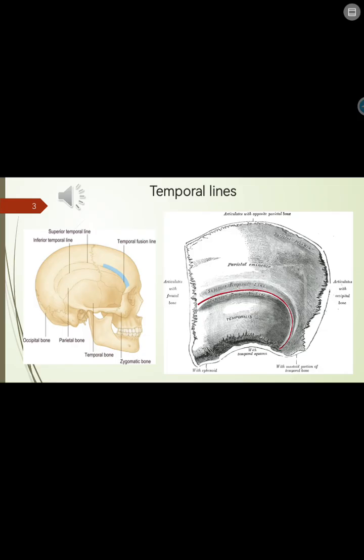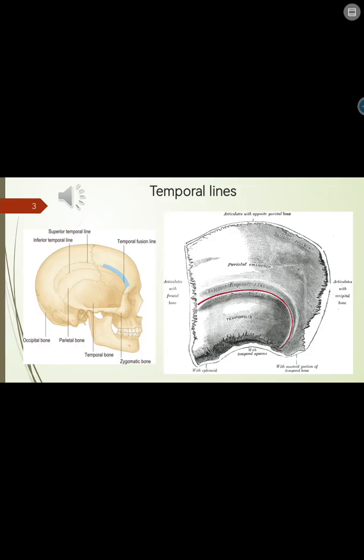In this slide, we can see temporal lines obviously, and you can distinguish these lines on the external surface of the parietal bone. In the left picture, at first we have one temporal line that extends posteriorly from the zygomatic process of the frontal bone.